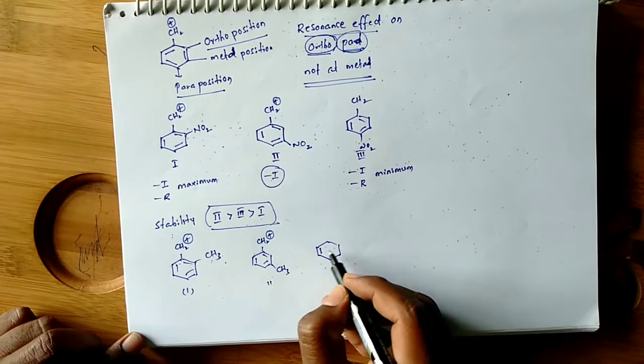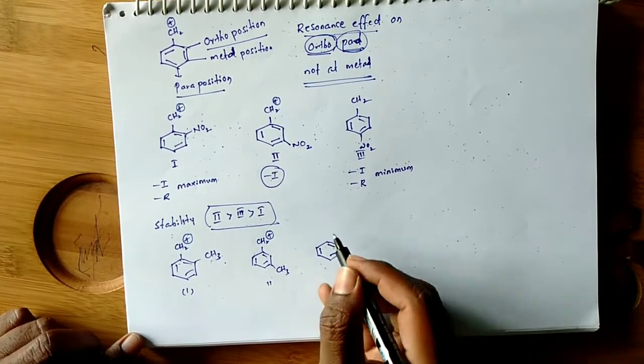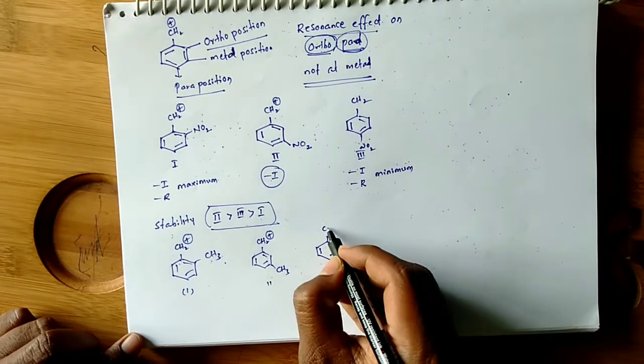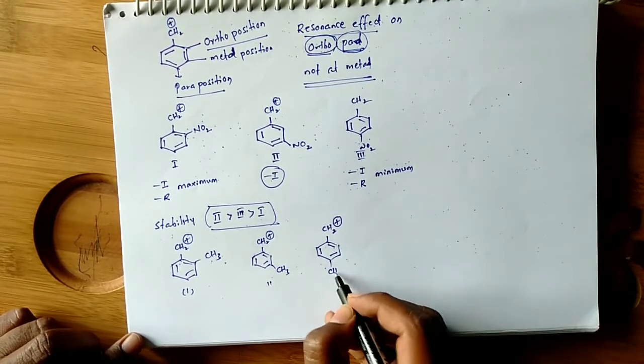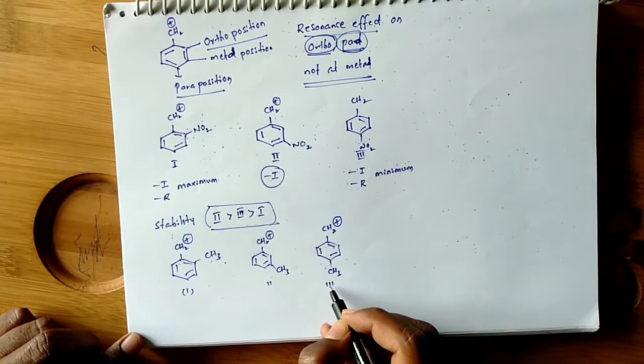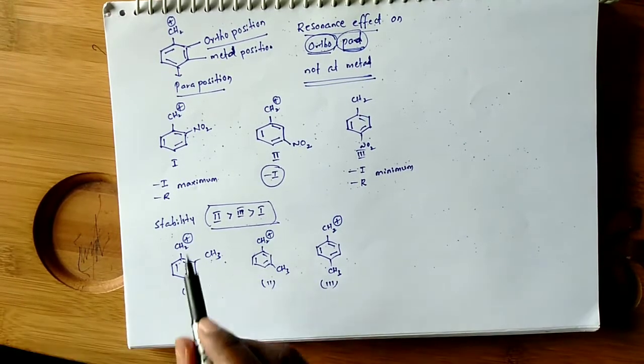We know that electron donating groups can stabilize the carbocations.